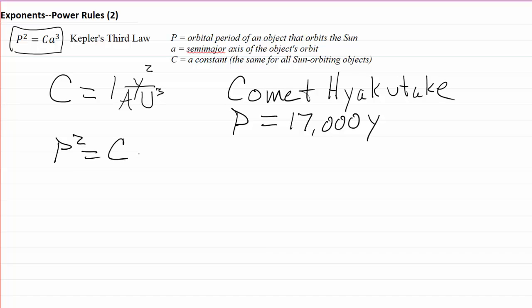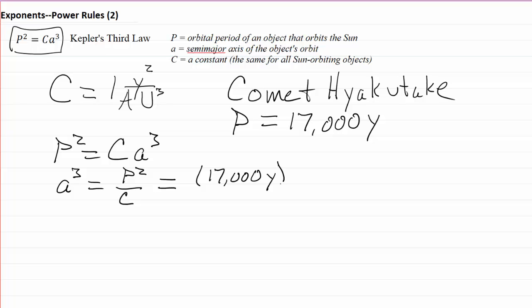P squared equals C A cubed. It's the A that we're after, so we'll solve this equation for A cubed first, just dividing both sides by C, and you would get A cubed equals P squared over C. Plug in the numbers here: 17,000 years, and we're going to square that, divided by C. Now, several times in this lecture we're going to be doing this where we'll have two quantities multiplied together in parentheses and we square them, and we're using this rule that when you have two things multiplied together raised to a power, they each get raised to the power.